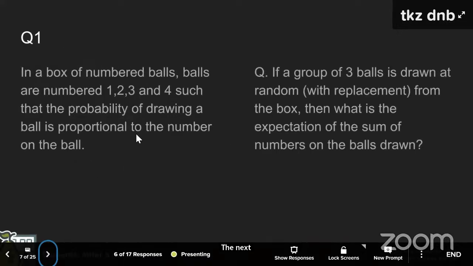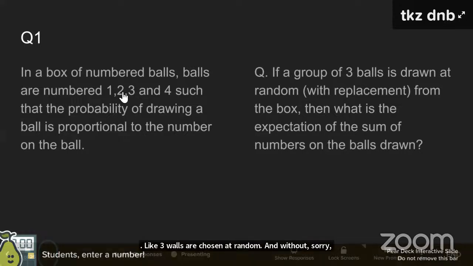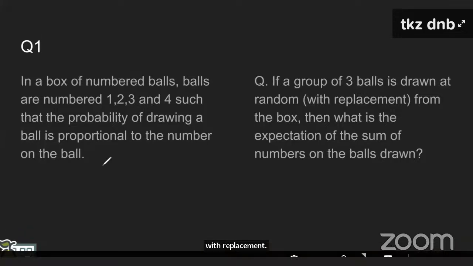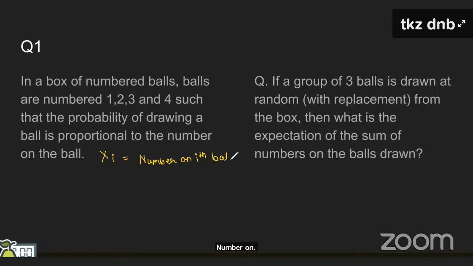In this, 3 balls are chosen at random with replacement. Let's say Xi is the number on the ith ball. How many balls have you chosen? 3, so you have 3 random variables X1, X2 and X3.